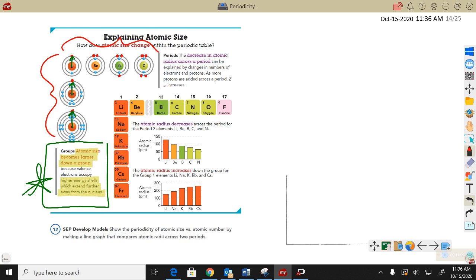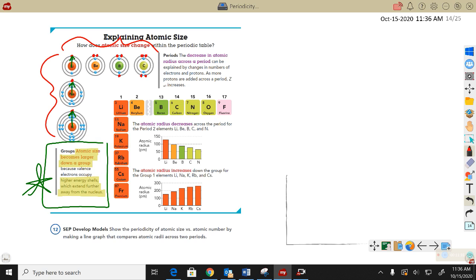But going across, that's not an argument, because as you add more electrons, they're going in the same energy level. So yes, there are more valence electrons, but they're all in the same energy level, so the distance between the nucleus and the outer valence electrons stays relatively constant. That's not going to be my biggest concern.